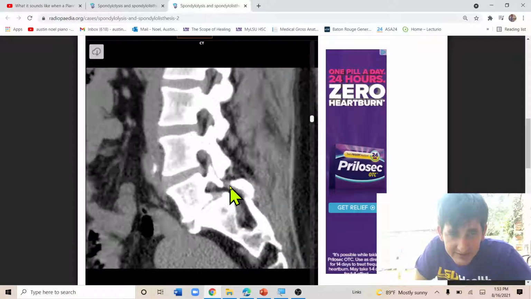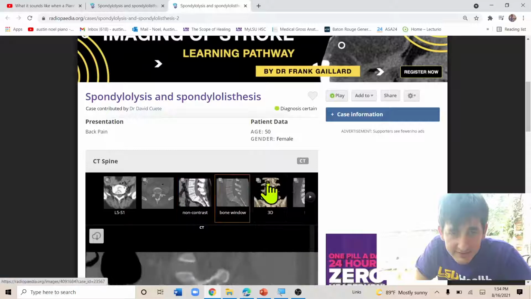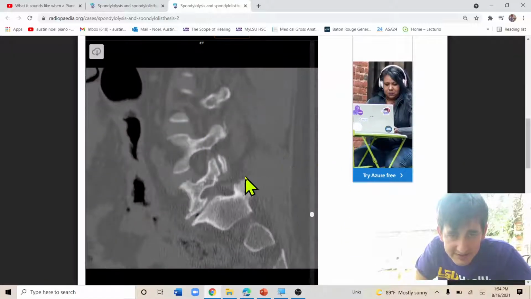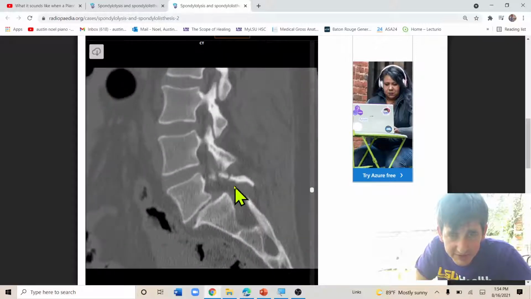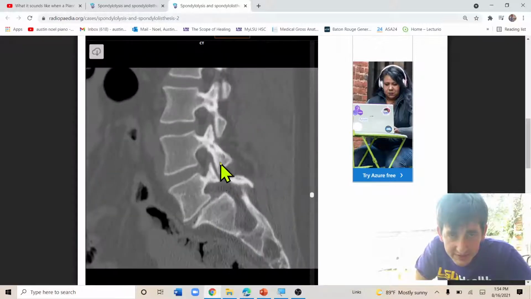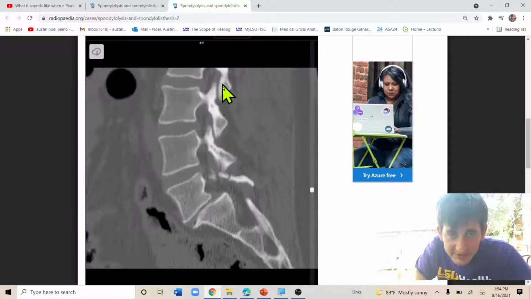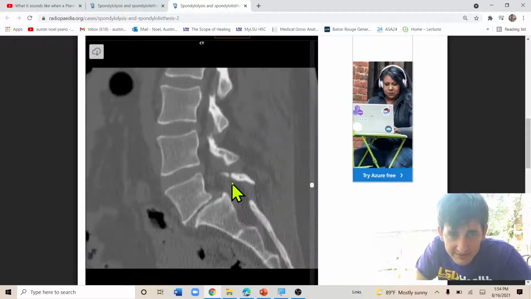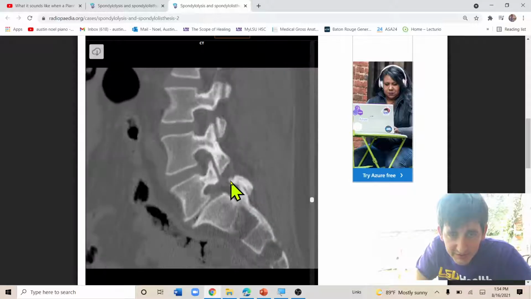So this is, again, what's it called? Spondylolysis. And we can see it on this bone window, which shows it even better. So here's our normal, and this never connects. And you can kind of see there, it's kind of broken off here.